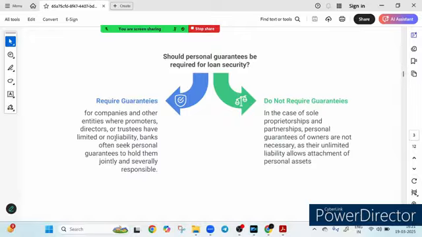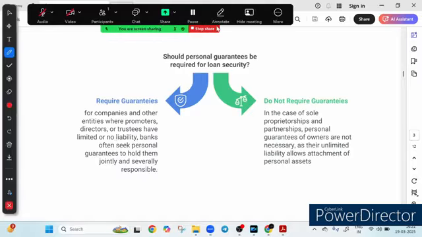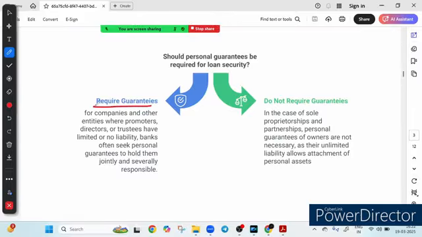On one hand, personal guarantees are often required for company where promoter, director or trustee have limited or no liability. In such cases, bank insists on personal guarantee to make sure these individuals are held jointly and severally responsible.